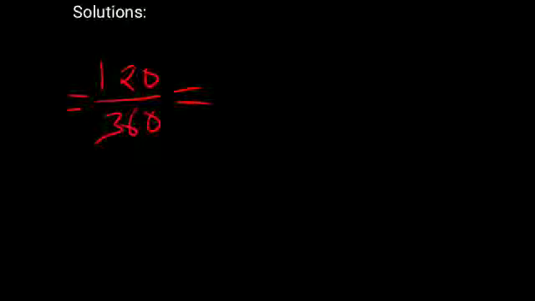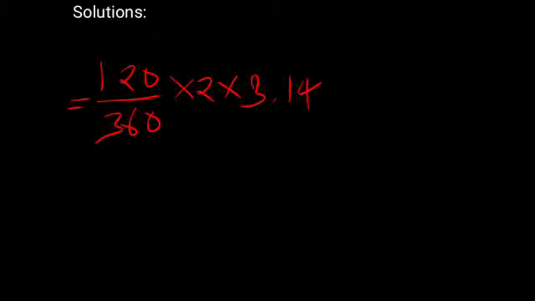We are going to say 120 over 360 is equal to 2 times pi, given as 3.142, times 3,437.